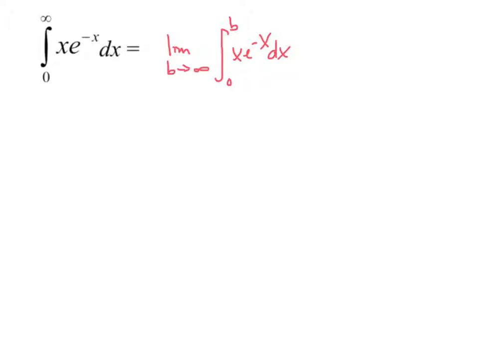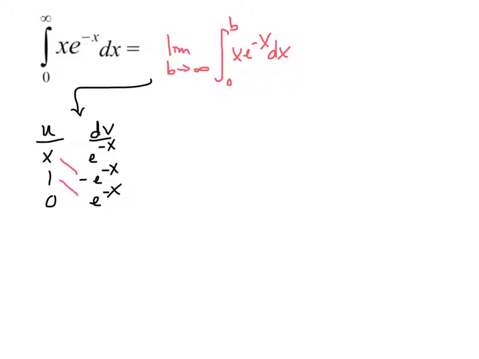But let me kind of go off to the side here and let's think about how we could do this integral. Now this is one where we could use our shortcut, where we pick u to be x, derivative. We pick dv to be e to the negative x, antiderivative, and then we just connect them like that.